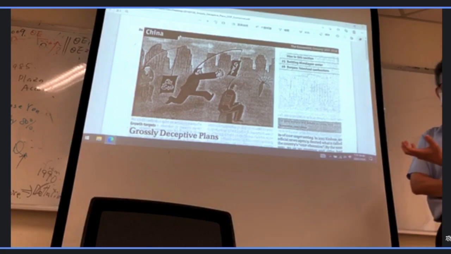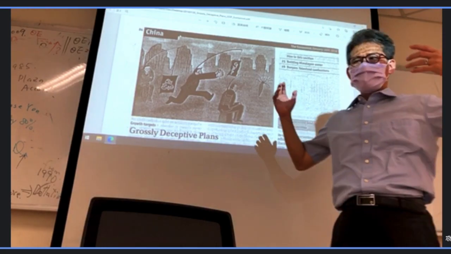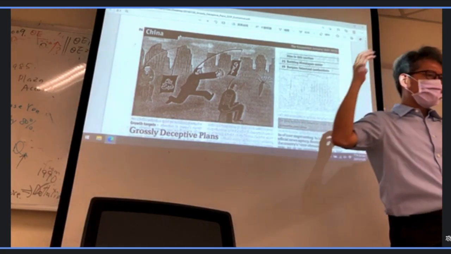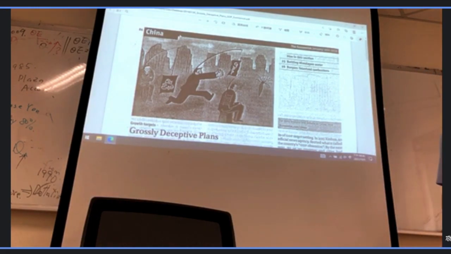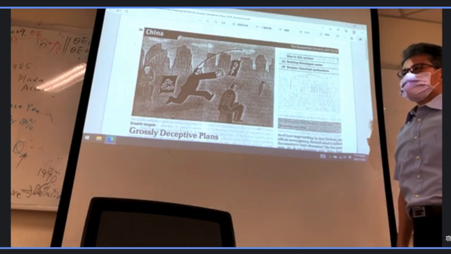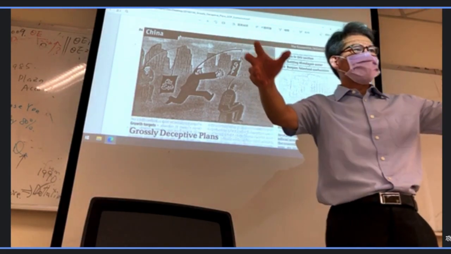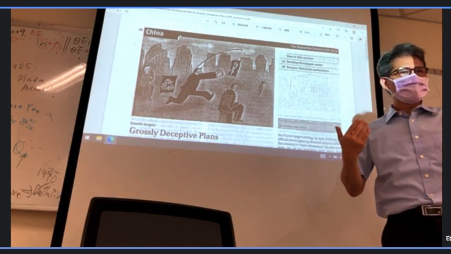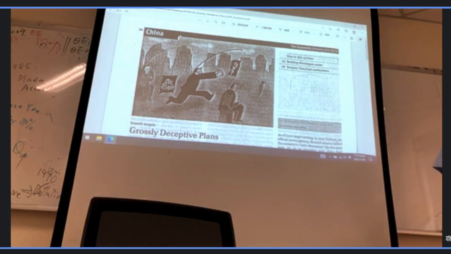Okay? So, this coming year, we want to have a 9% growth. Okay, we expect to have the growth. So every province, you need to turn in your performance to the central government.